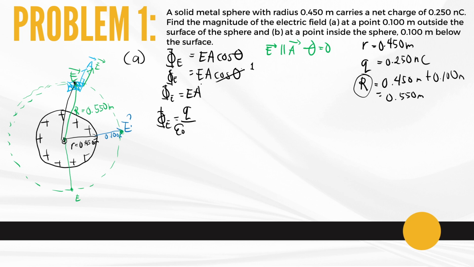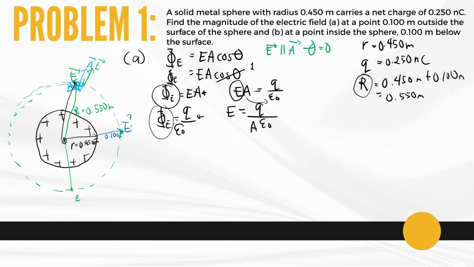Now I can equate the two expressions for electric flux since they are equal. So I have EA equals Q over epsilon naught. Since I need the electric field, I isolate it by dividing both sides by A, so E equals Q over A times epsilon naught.